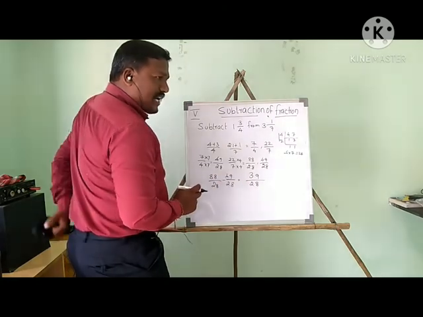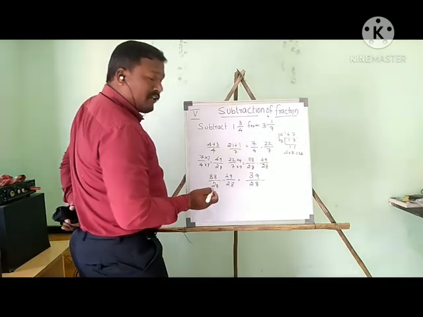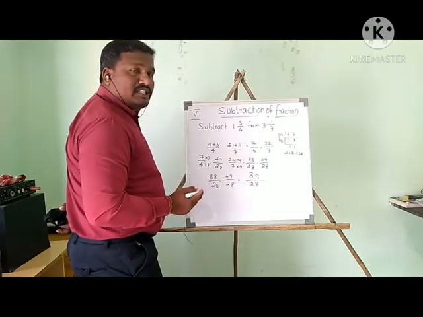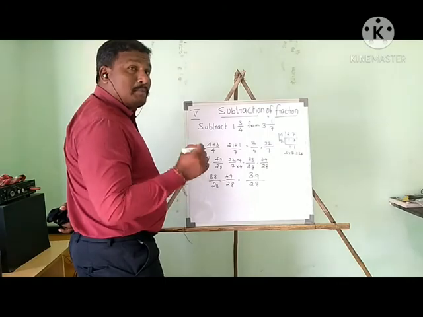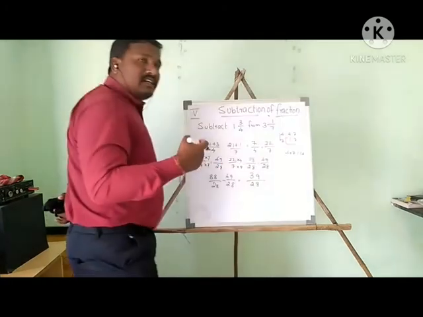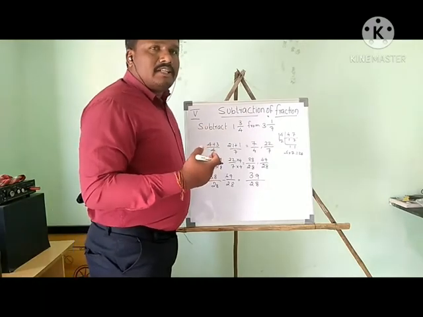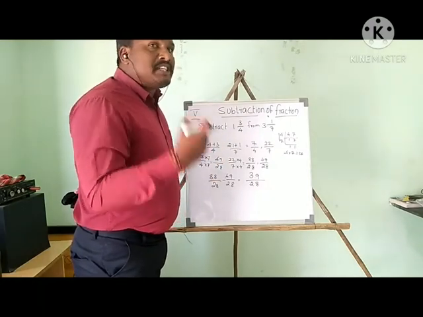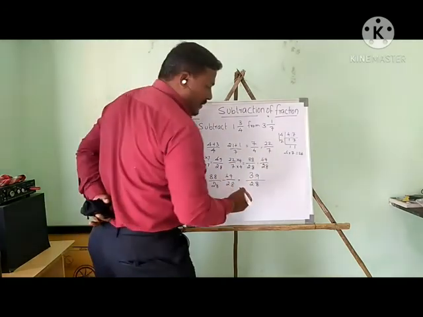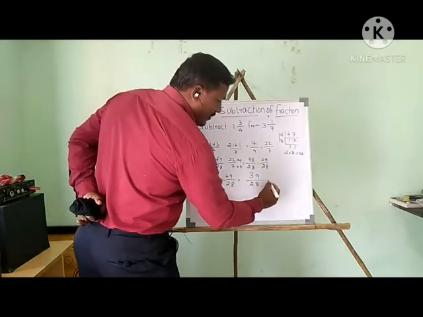Okay. Now we can simplify this. If you see this fraction, 39 upon 28, this is not a proper fraction. It's an improper fraction. So we already learned how to convert an improper fraction into a mixed fraction. Okay. Now I'm going to convert.